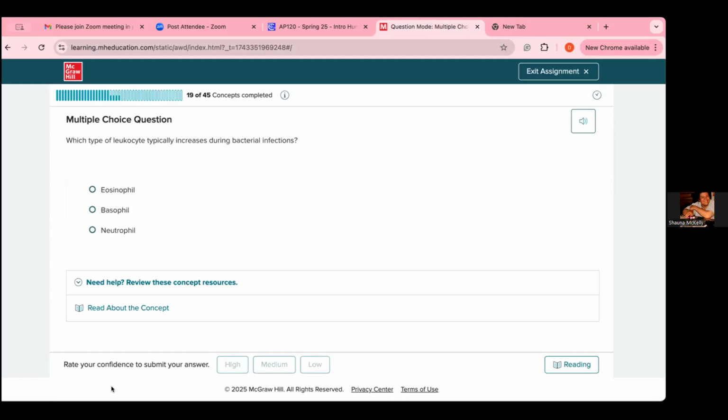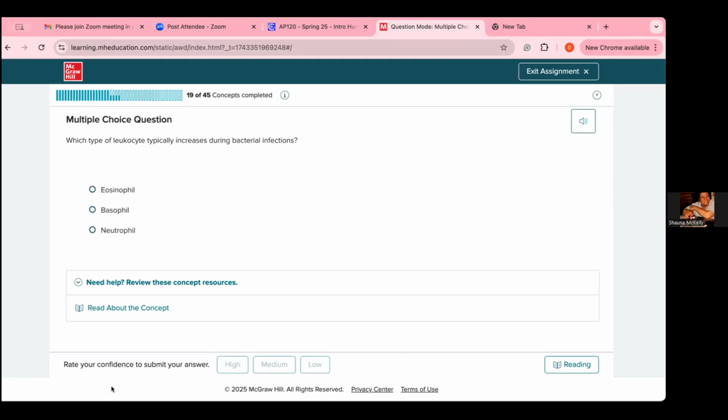Which type of leukocyte typically increases during bacterial infection? Eosinophil, basophil, or neutrophil?